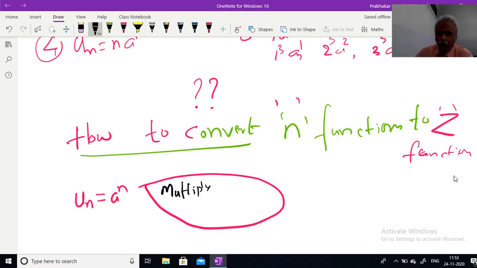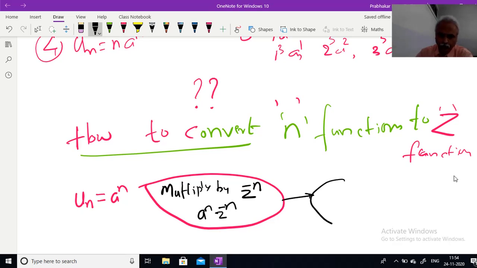Multiply by z raised to minus 1. This is the first operation. So what happens when you multiply by z raised to minus 1? This becomes a raised to n, z raised to minus n. For n equal to 0, n equal to 1, n equal to 2, z raised to minus n. You'll go on getting different values.